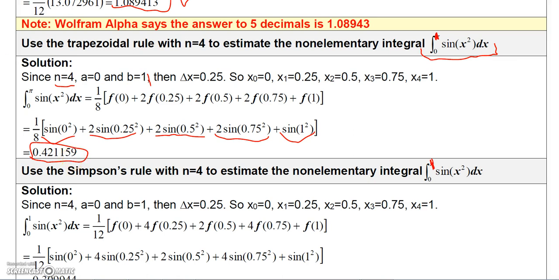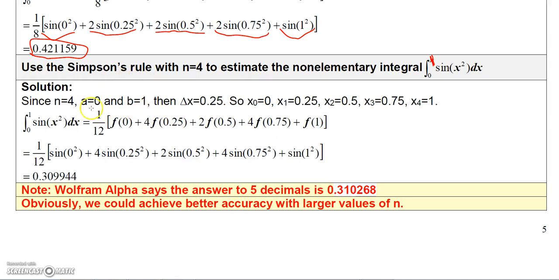All right, let's see what happens with Simpson's rule. I'm still using n equal 4, a is 0, b is 1, so x0 through x4 are going to be the same values. But in Simpson's rule, I'm going to have b minus a over 3n, so that's going to be 1/12. And then I'm going to do f of 0 plus 4 times f of 0.25, and then alternate to 2 times f of 0.5, then back to 4 times f of 0.75, and then plus f of 1.